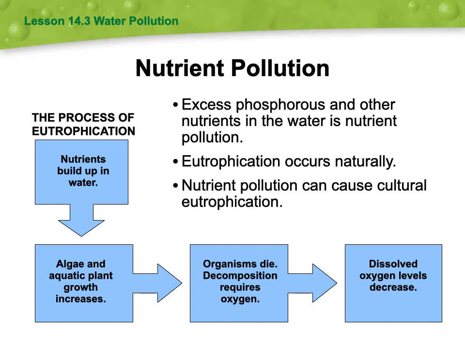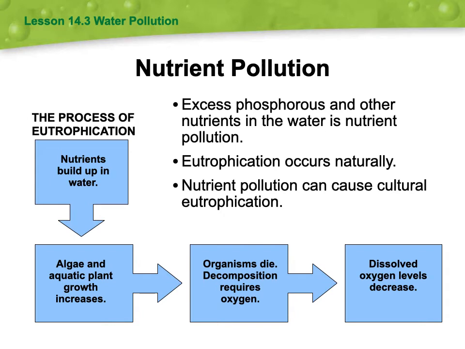What happens is the nutrients will build up in that water, and algae will feed off of those nutrients and grow. The algae will take in oxygen from the water, and those organisms will not be able to survive. So what we have are dead zones.